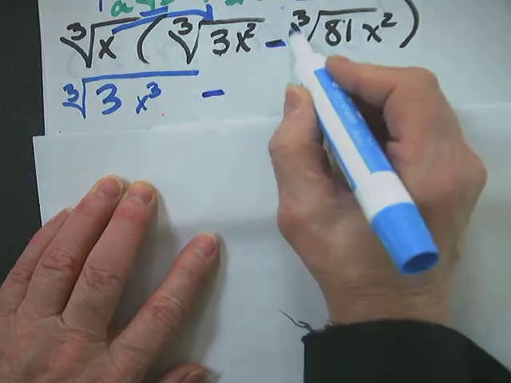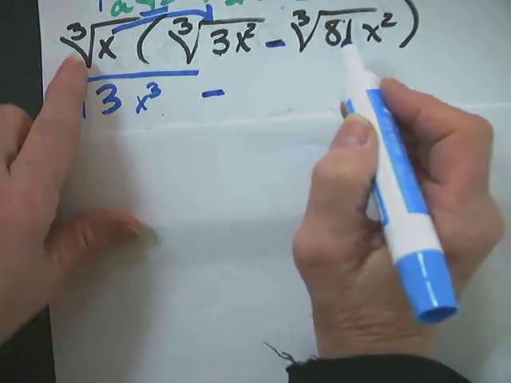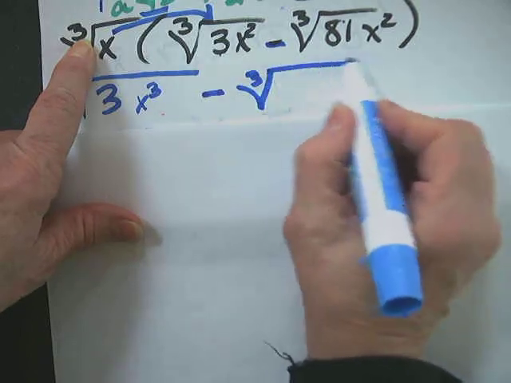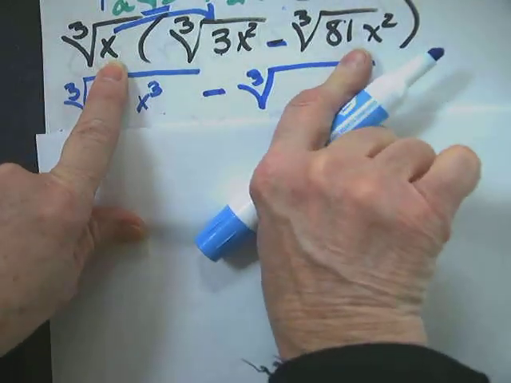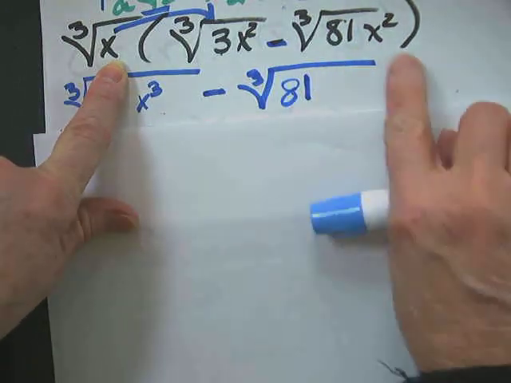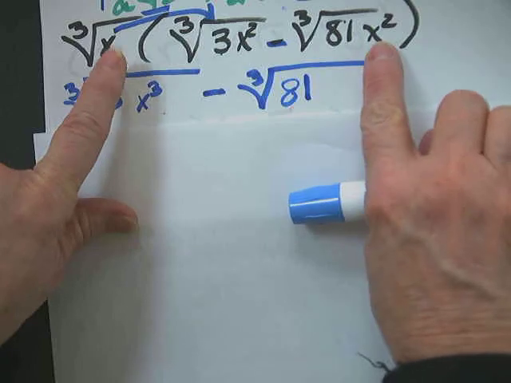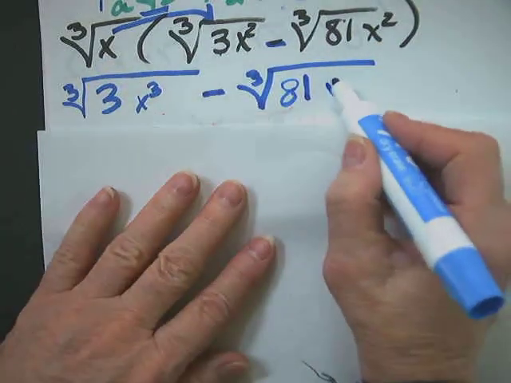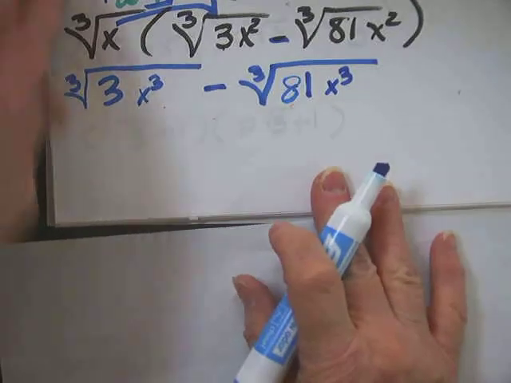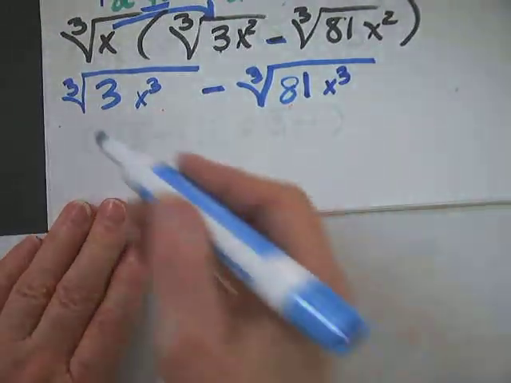Alrighty. Now let's multiply. And we have this times this. They're both cube roots, so put that cube root thing there. Multiply what's under. So the 3 and then x to what? 2 and 1 is 3.